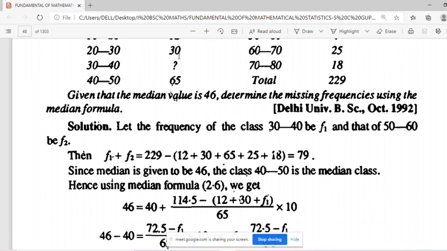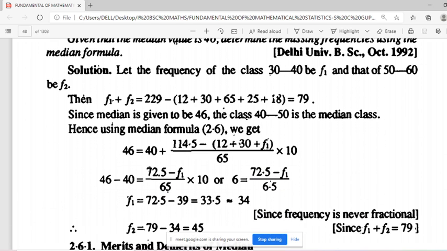C is the class distance, the difference of class intervals, that is 10. 65 is the frequency of that interval. So we have substituted, and after simplification we can see that F1 is equal to 34.